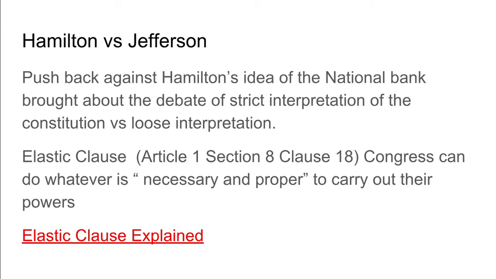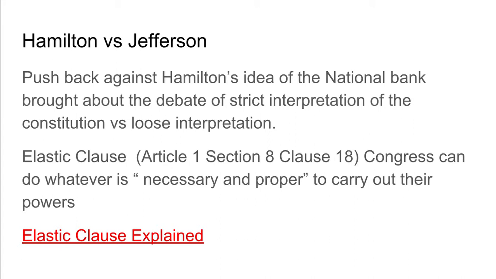There's a lot of pushback against Hamilton because Hamilton wants a strong central government. And again, Jefferson does not want that. Jefferson is saying, where in the Constitution does it say that you have the power to make this? And this is going to set up for something that's viewed very much today.